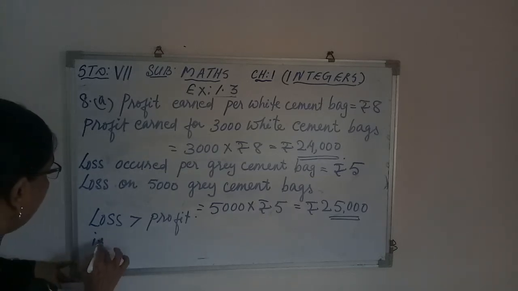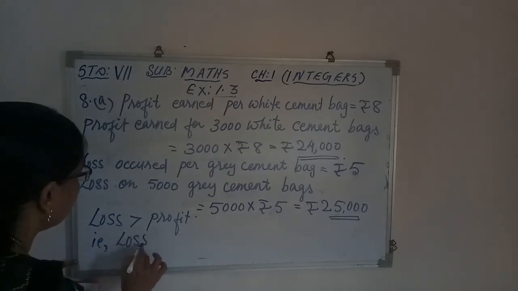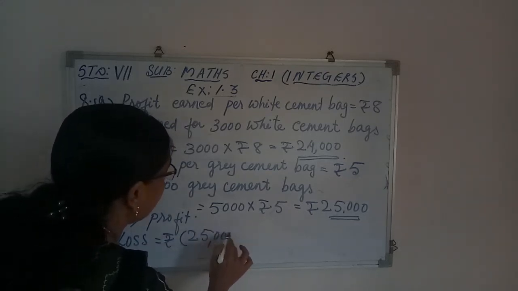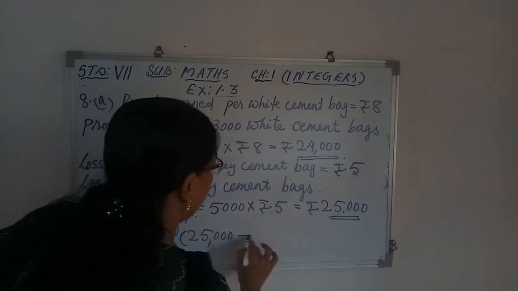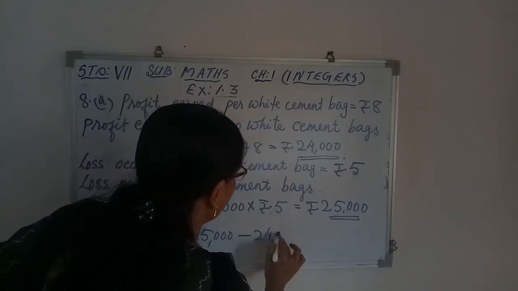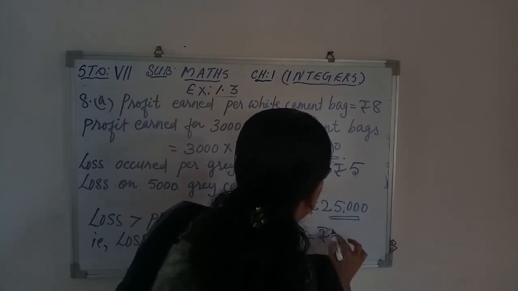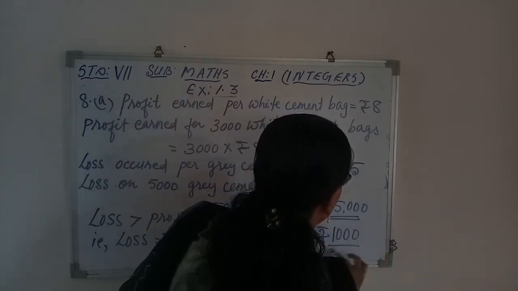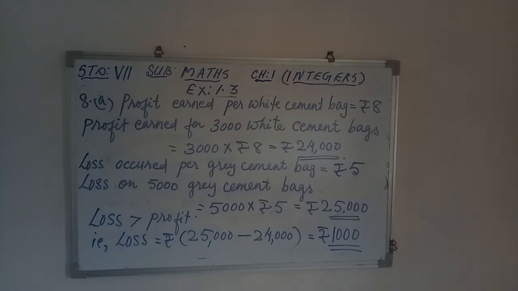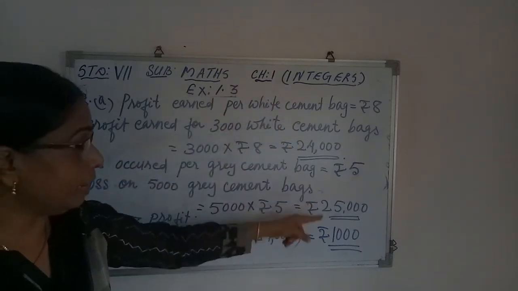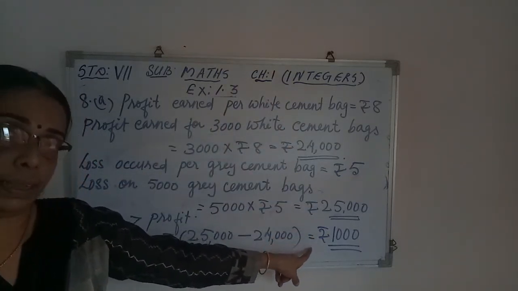Net loss is 25,000 minus 24,000, that's equal to rupees 1,000. So the first question, what is it, profit or loss? There is a loss of rupees 1,000.